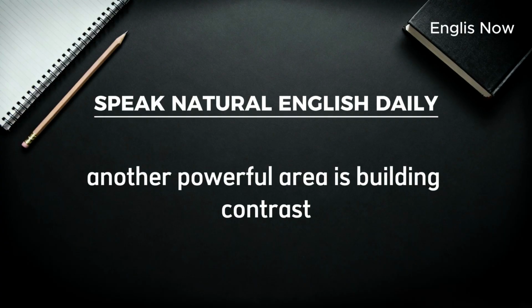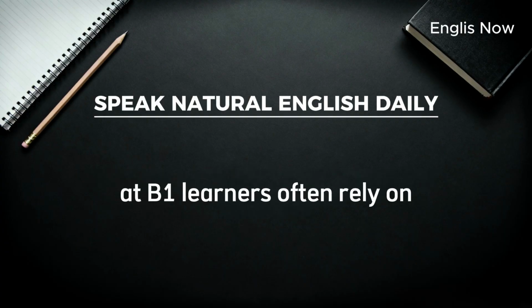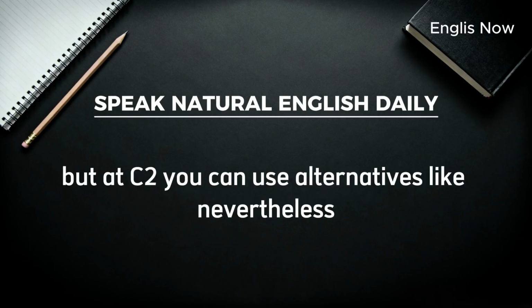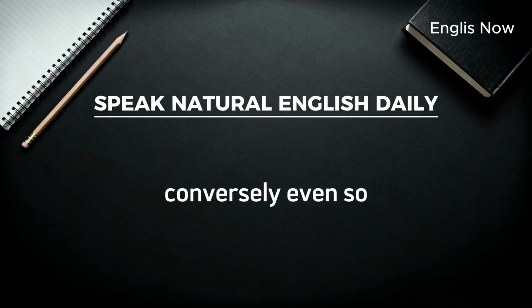Another powerful area is building contrast with advanced phrases. At B1, learners often rely on but. At C2, you can use alternatives like nevertheless, on the other hand, at the same time, conversely, even so.